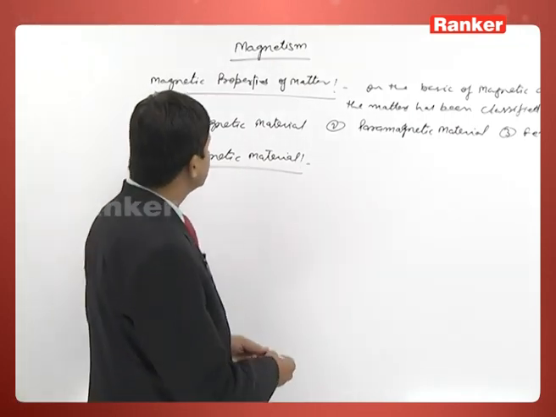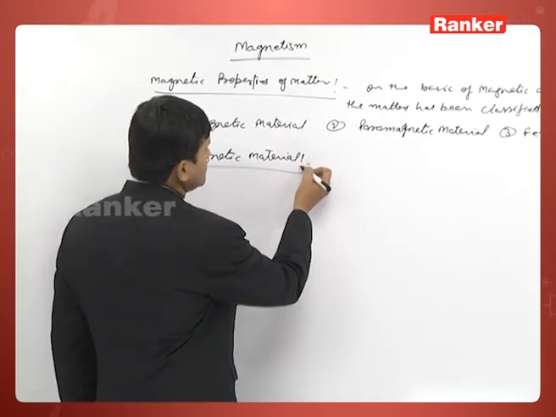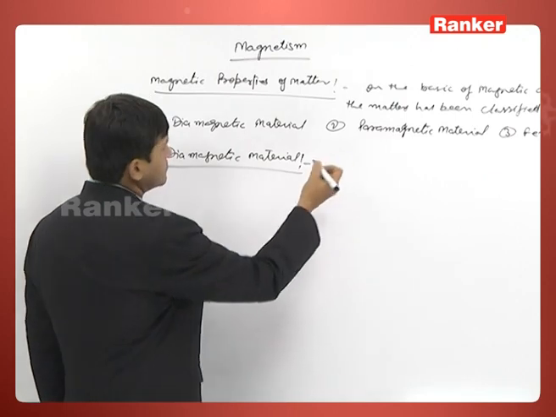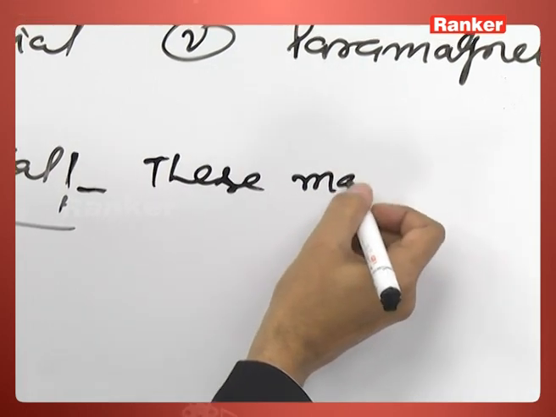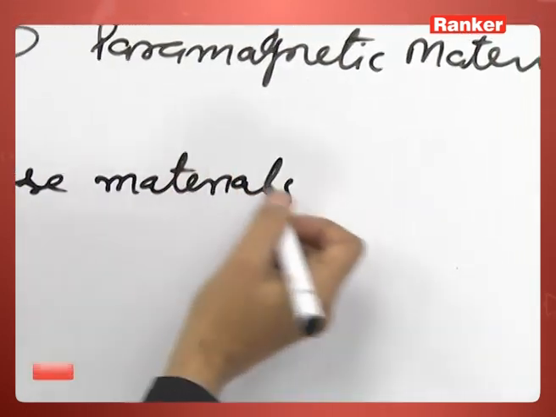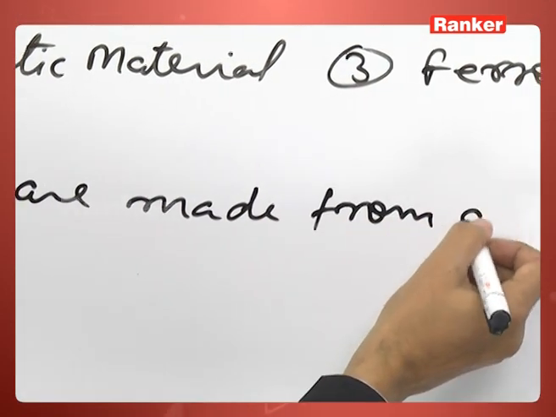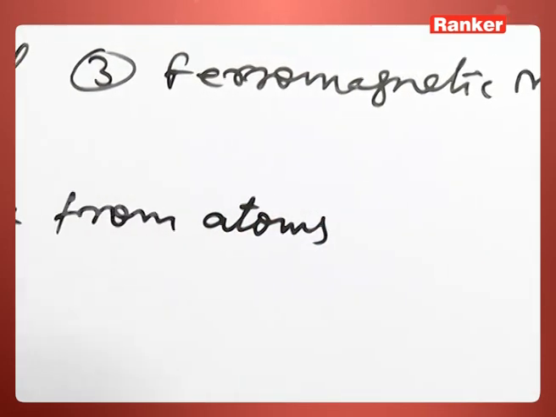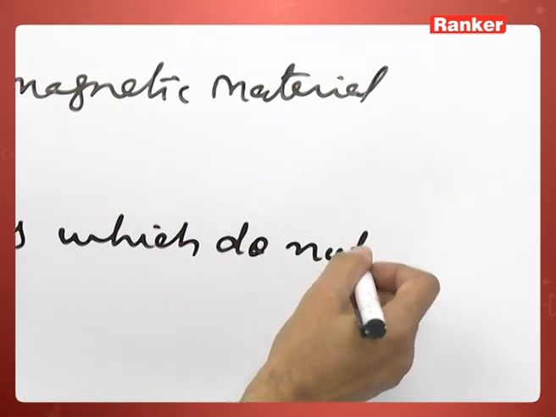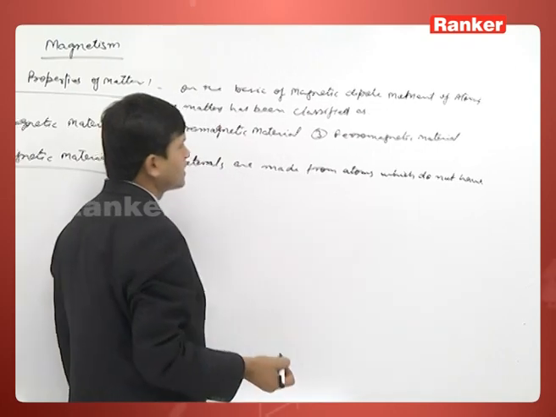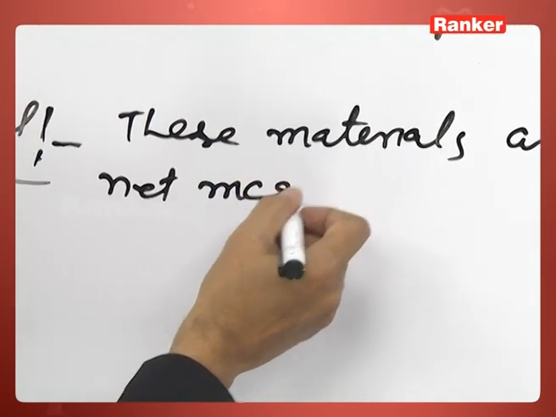So we can write here, diamagnetic materials are made from atoms which do not have a net magnetic moment.